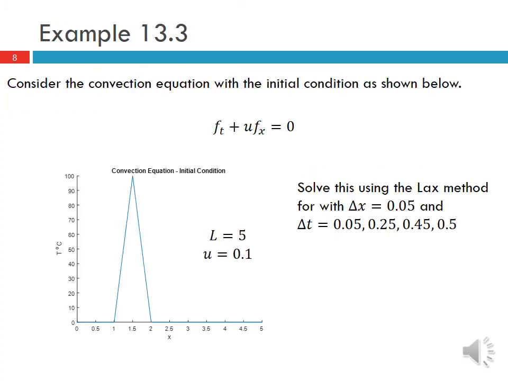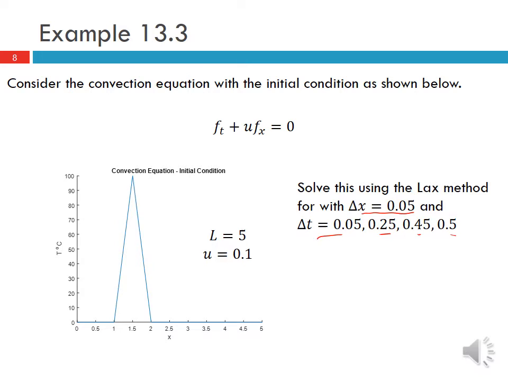So let's look at an example considering the convection equation with the initial condition as shown here. The initial condition is this kind of initial wave profile. We want to solve this using the Lax method with one value of delta x, delta x is 0.05, and then different values of delta t.